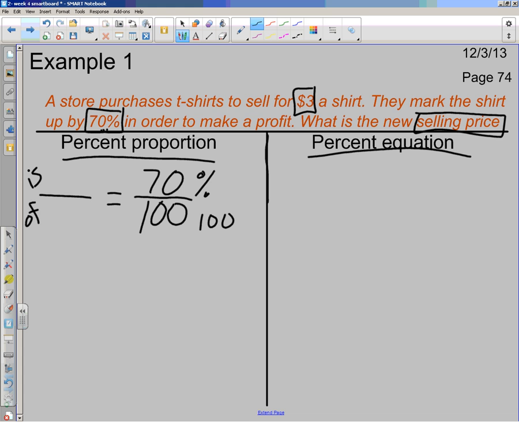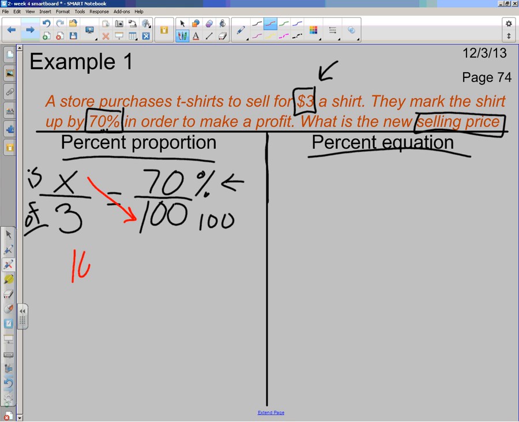And now we have to find the is and the of. So we need to find 70% here of $3 here. 70% of $3 will tell us how much they are marking up their merchandise. I will put a variable there, and then we go ahead and use cross products.